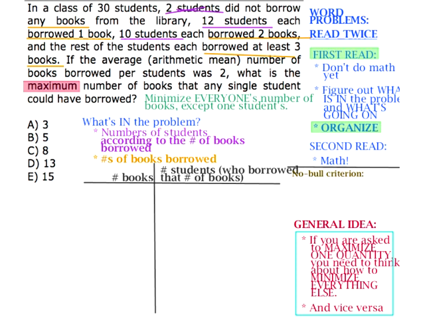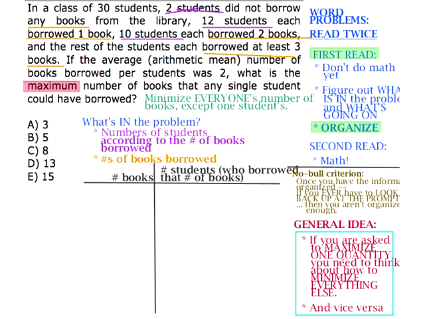Once you have the information organized, if you ever have to look back up at the prompt, then you aren't organized enough. That's pretty much the deal.